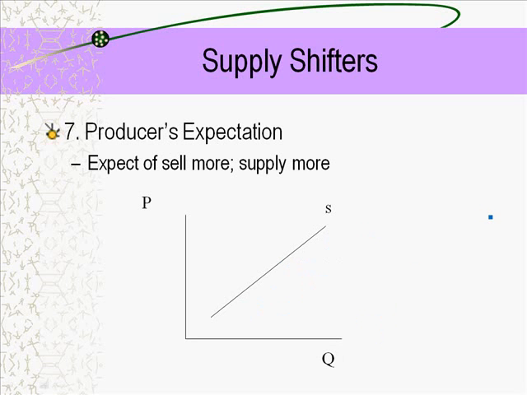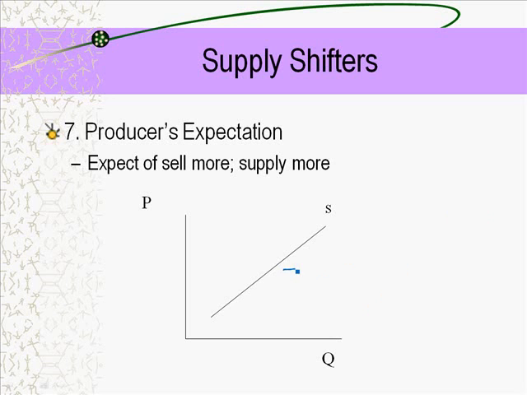Producer expectations. If producers expect to sell more, they're going to try to supply more. So for instance, let's say they're expecting prices to be really good the next year for wheat, some people might decide to plant more wheat.